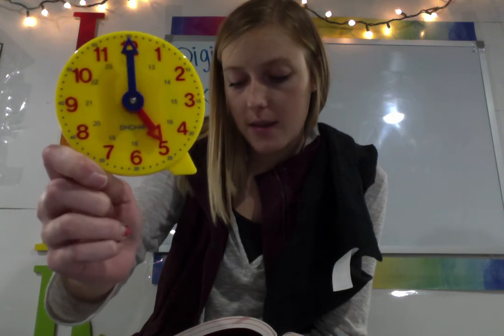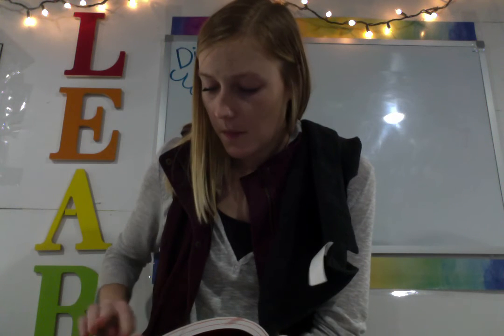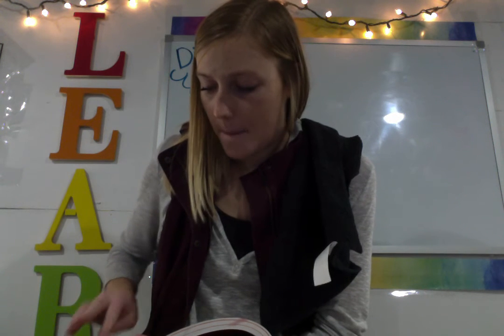Number 7. My big hand is on the 12 and my little hand is on the 5. So I know that this clock is showing 5 o'clock, which means that my digital clock should say 5, 0, 0. Number 8.